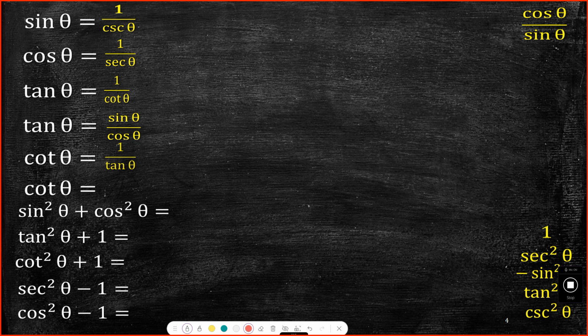And what also is cotangent theta? Cosine theta over sine theta. What's sine squared theta plus cosine squared theta equal to? 1. This is the fundamental 1. What is tangent squared theta plus 1 equal to?